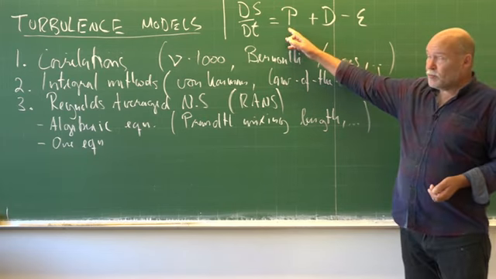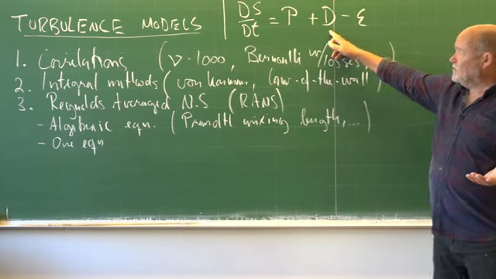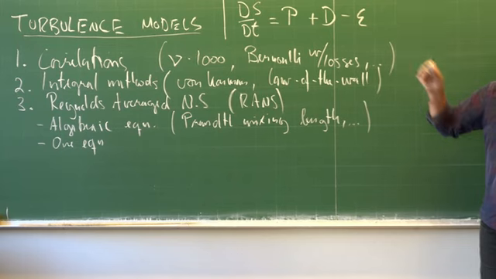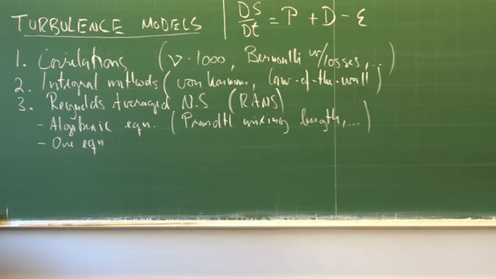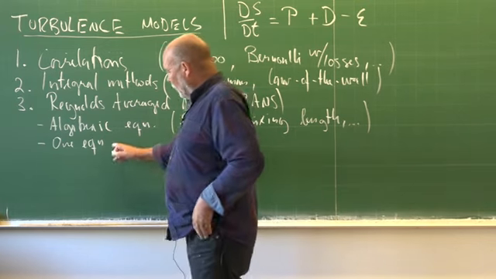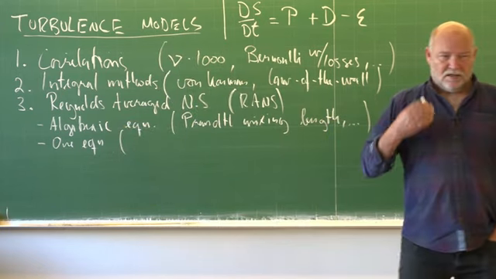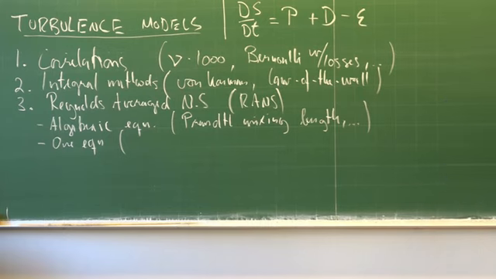And there also you can split the right-hand side into something that produces velocity, and something that diffuses and dissipates velocity. So this is sort of a standard recipe for a transport equation. So now when I say we have a one equation model, that means we have one such transport equation for a turbulent quantity. Which one?